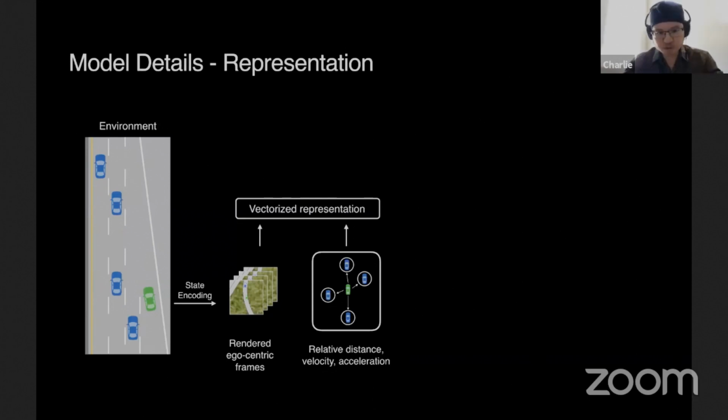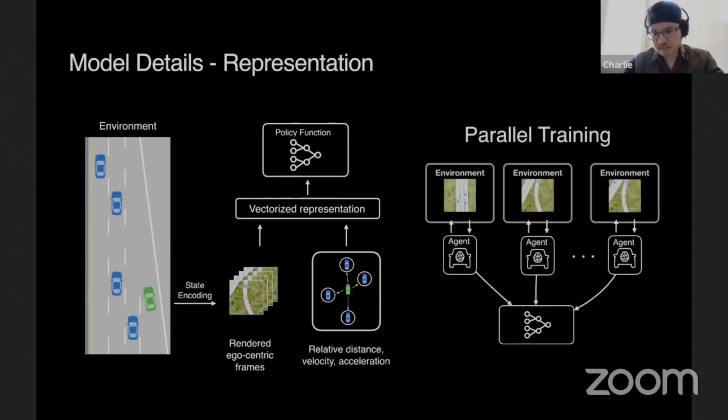We treat it as an image and perform convolution on it. Then we also have the relative distance of the ego vehicle, ourselves, the self-driving car, to the other vehicles in the environment. These are low-dimensional relative codes, and we feed that into a policy function. This is how we encode the environment into something that the neural nets can understand.